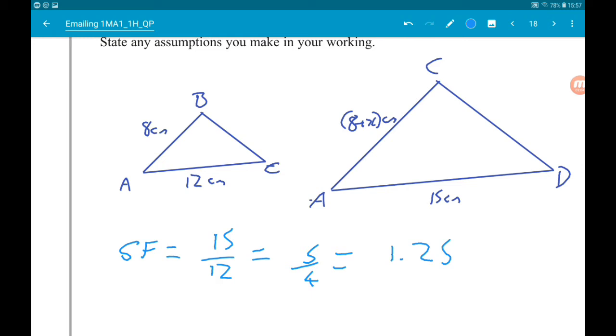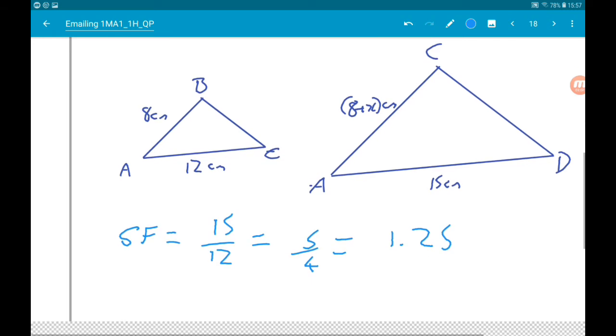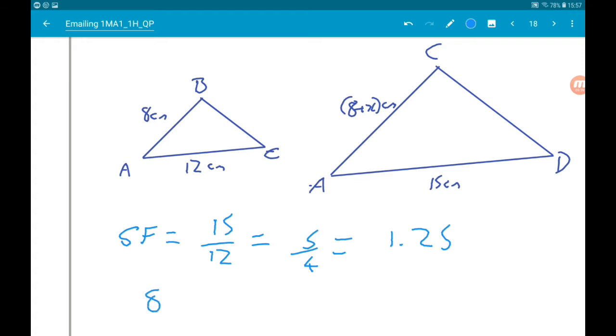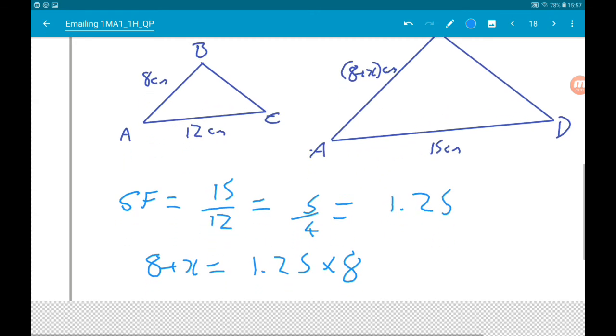From that, we then know that 8 add x is 1.25 times 8. Now that means one whole lot of 8 add a quarter of 8, so that's 8 add 2, so that's 10.